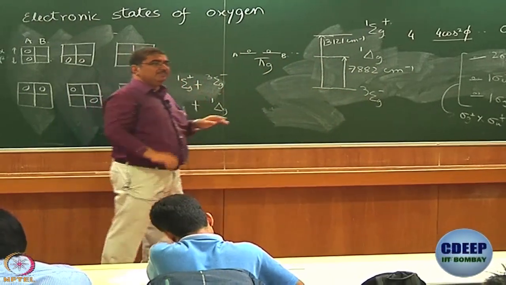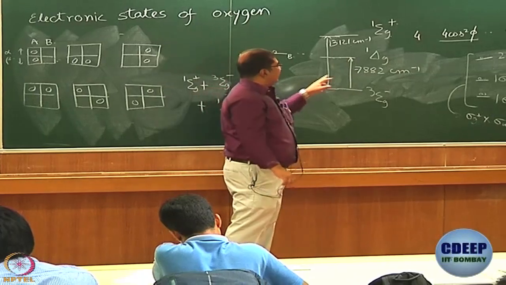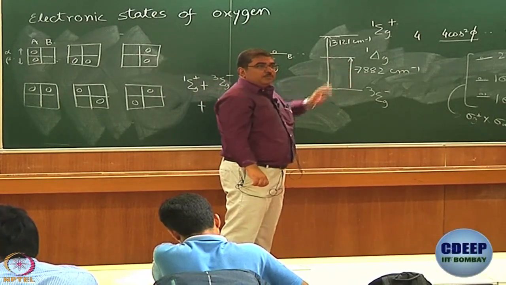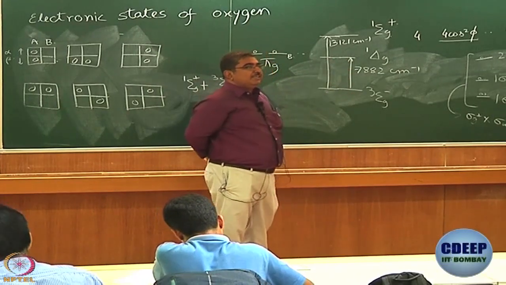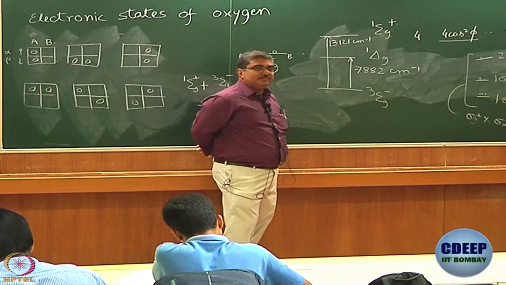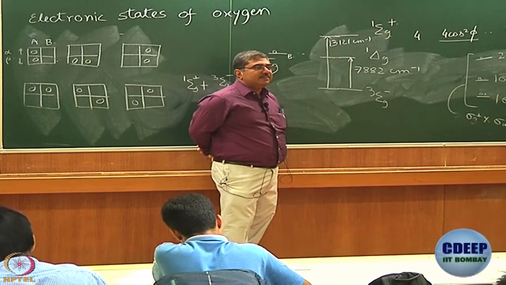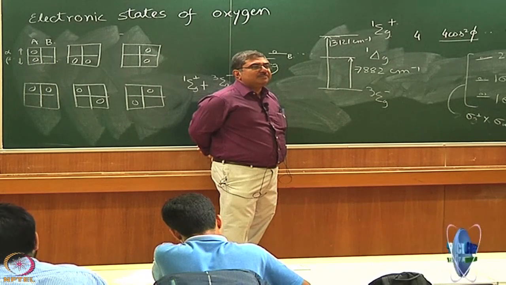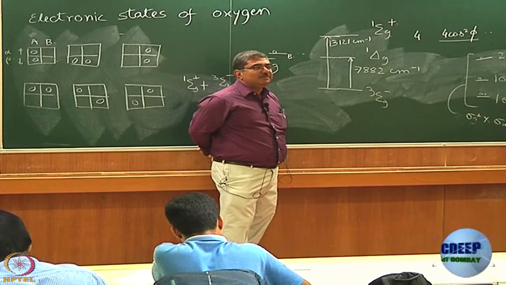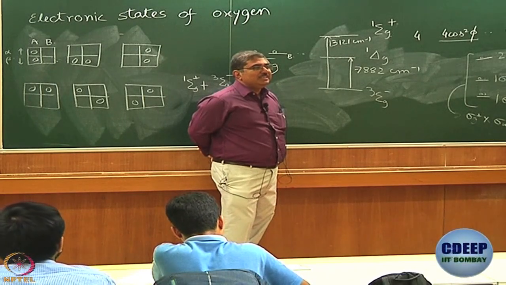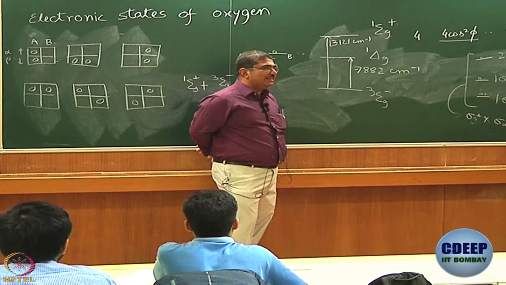Swati, do not get distracted please. So, 7882, what kind of radiation would that be? Microwave, IR, visible, UV, X-ray, gamma ray.